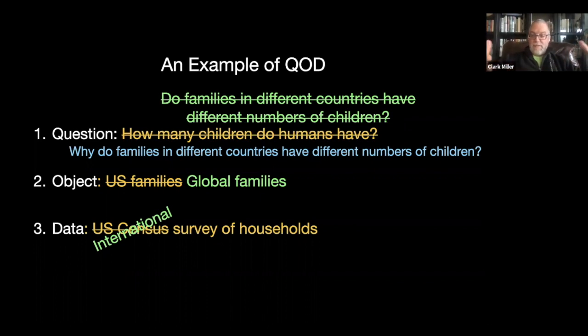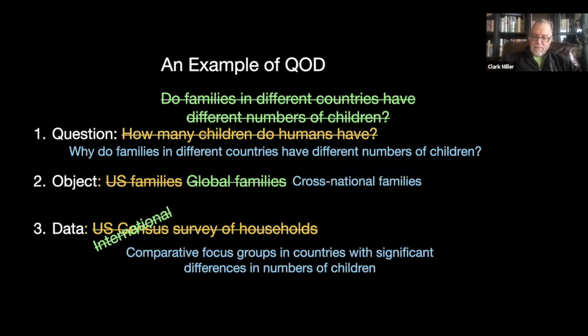We still need to look at global families, although maybe not in quite the same way. So now we need to look at cross-national families, right? We've got this data, we've got this insight now that we need to look at families in countries.